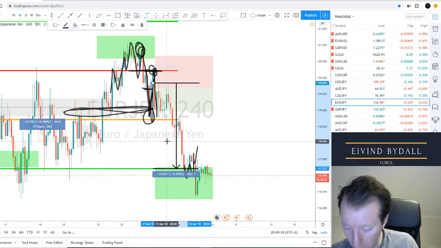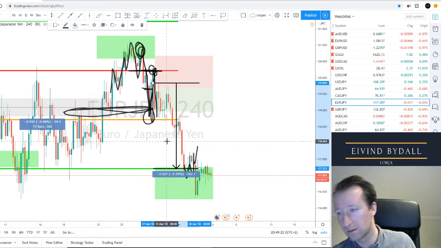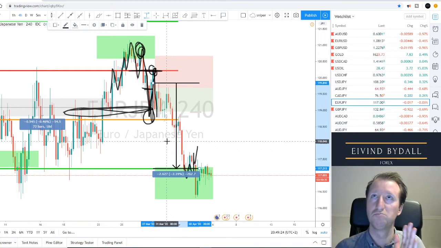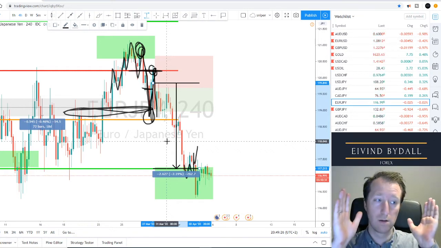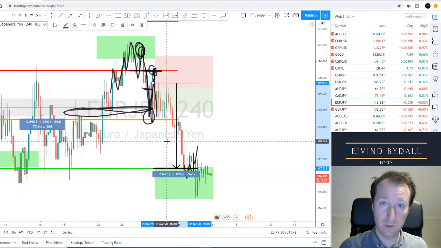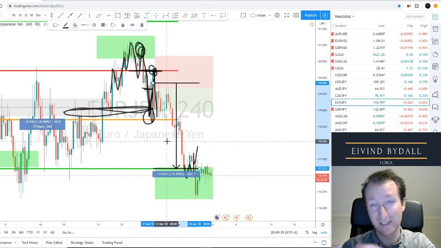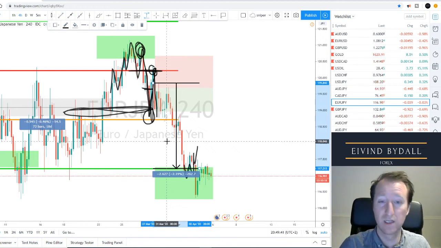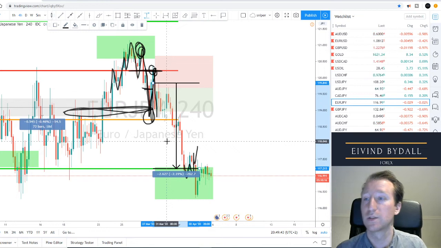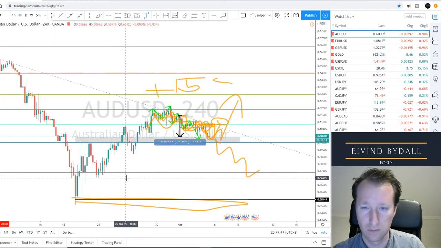Anyways, it was a good, awesome week. I played my pairs, my trade setups, my rules. That's most important. I posted it in my Discord channel before or as I was doing it, so it was possible to get my entry for Aussie.